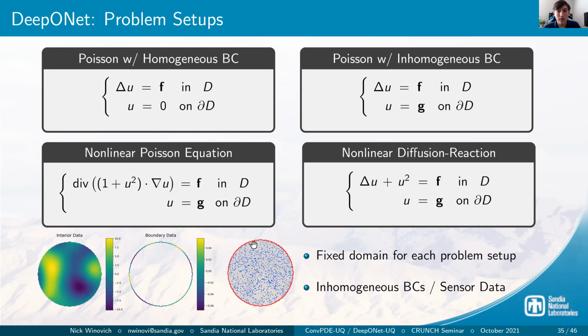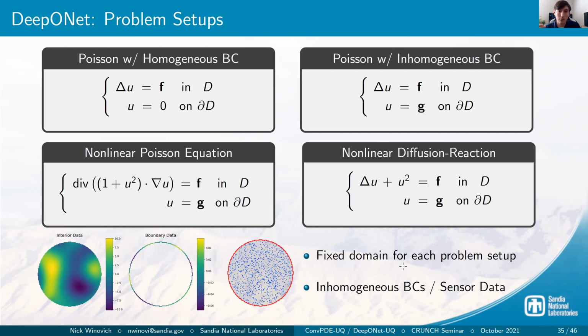Again, you can see the input data and the sensors located here, and this is overkill. You really don't need that many sensors at all, but it's able to work with this rough data and solve some of these similar types of problems. The main difference is that we have a fixed domain for each problem setting.